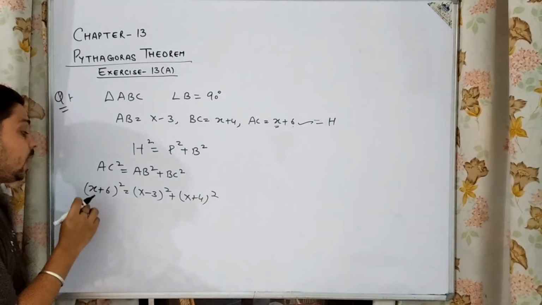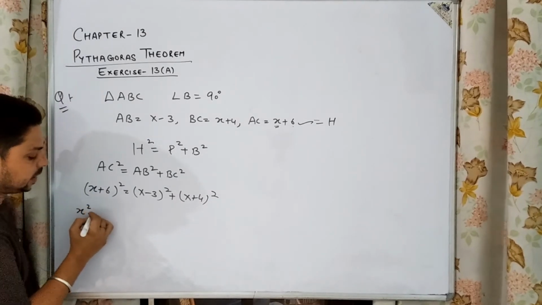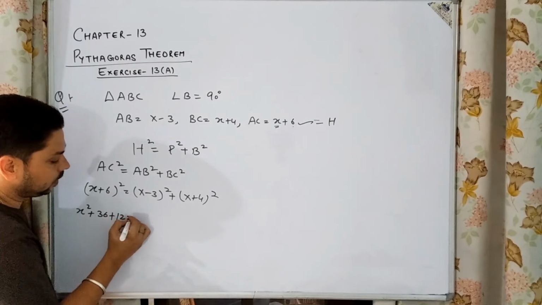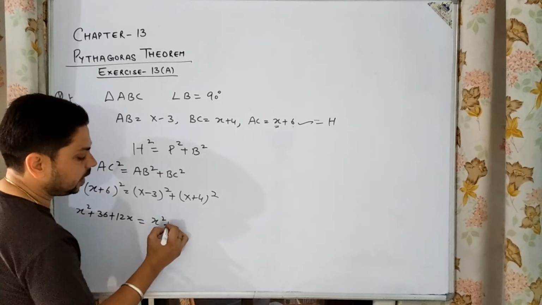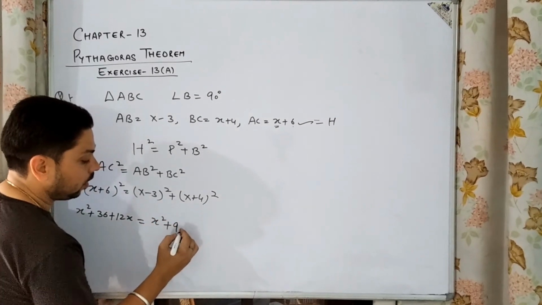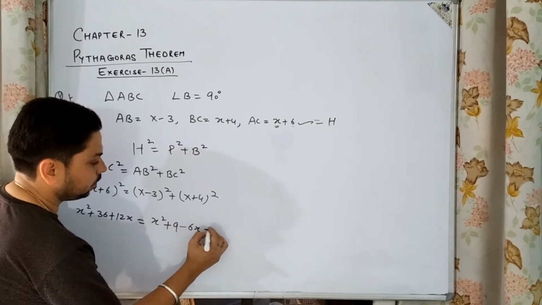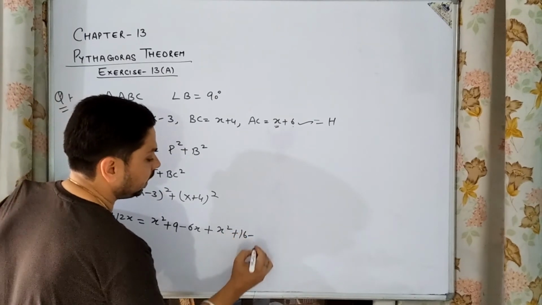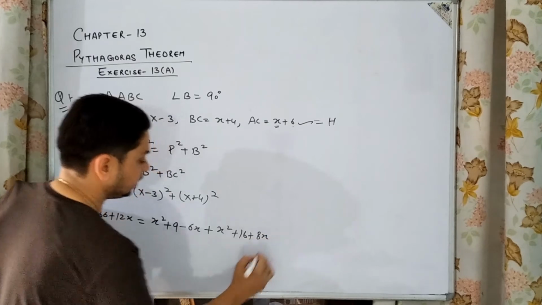Now, apply the formula: A plus B whole square will give you A square plus B square plus 2AB. Similarly, A minus B whole square, it will give you x square plus 9 minus 6x plus x square plus 16 plus 8x here.